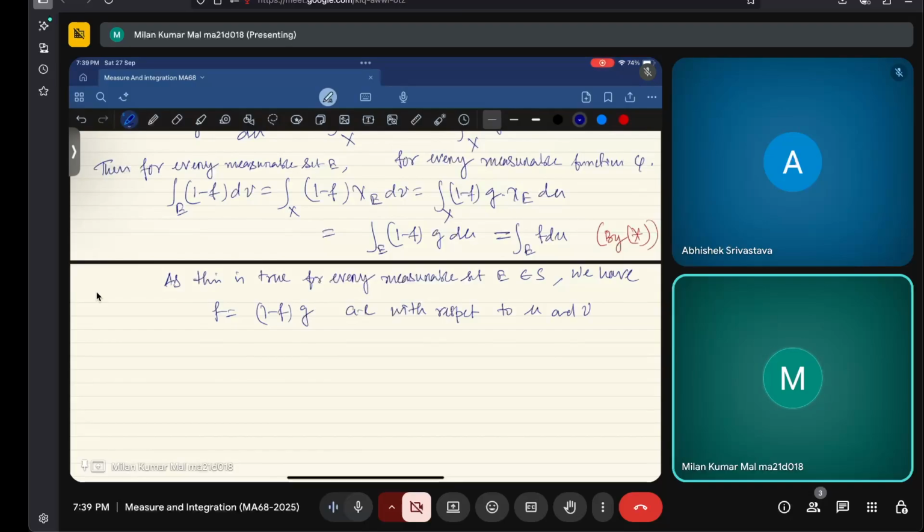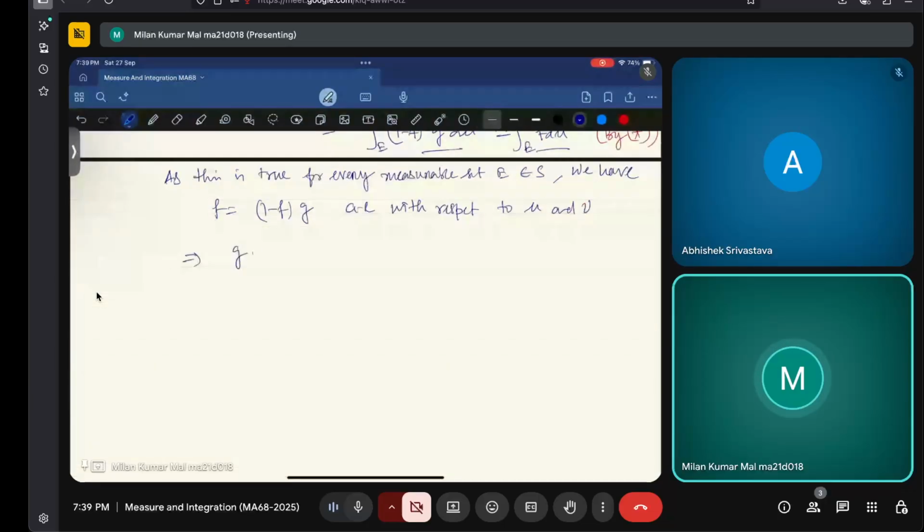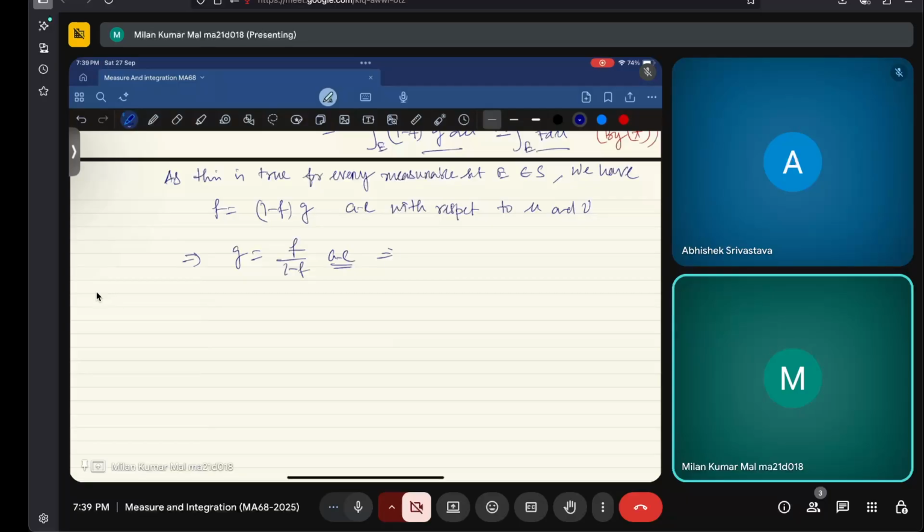This gives g is equal to f by 1 minus f almost everywhere.